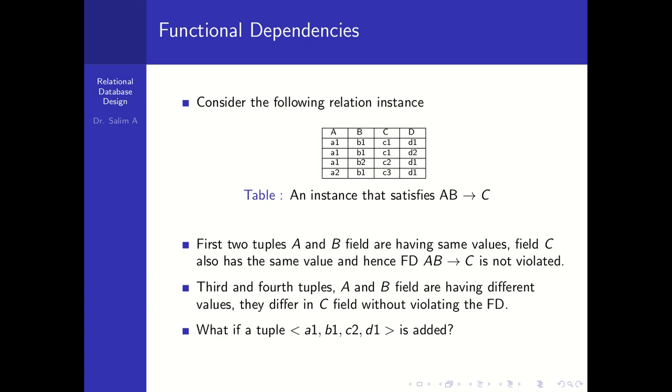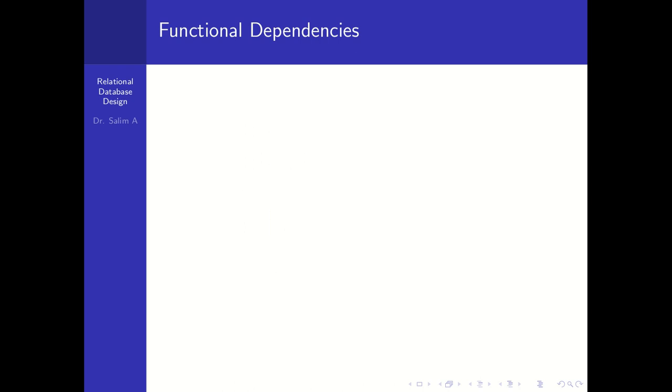In that case, for the first two tuples the Y value, that is the C value, is C1. For the last tuple, the Y value is C2. Therefore, when the new tuple is added, the FD AB determines C is violated. The resulting instance would violate AB determines C.